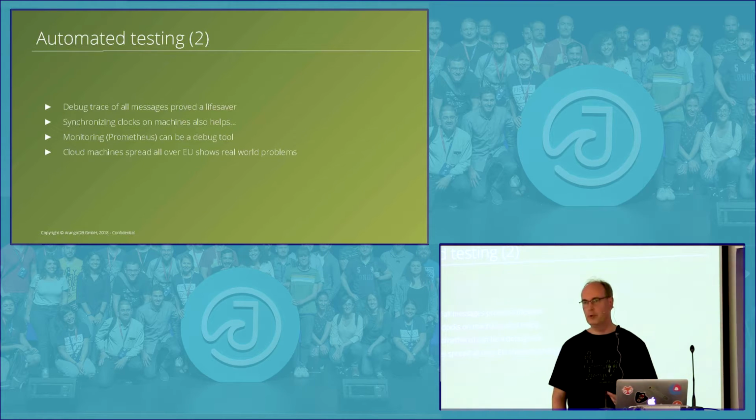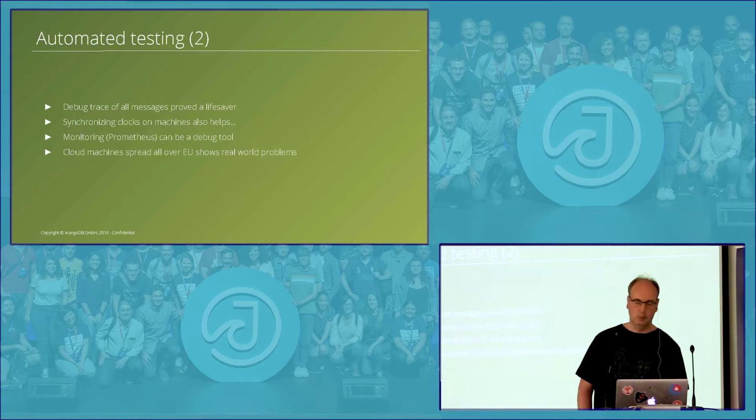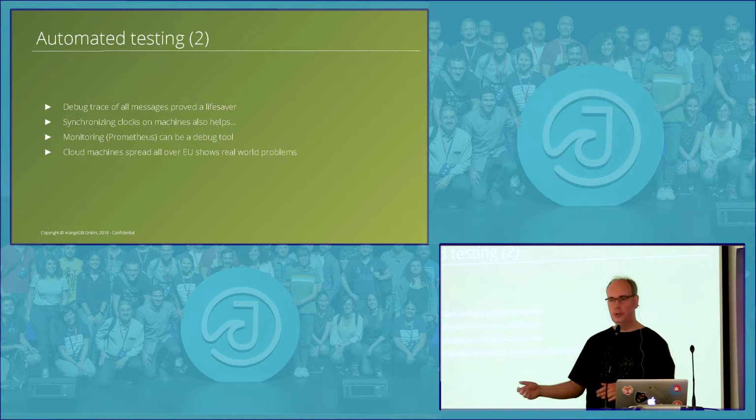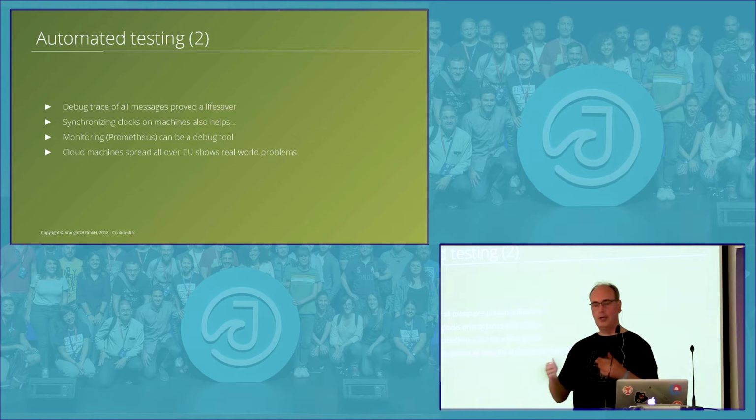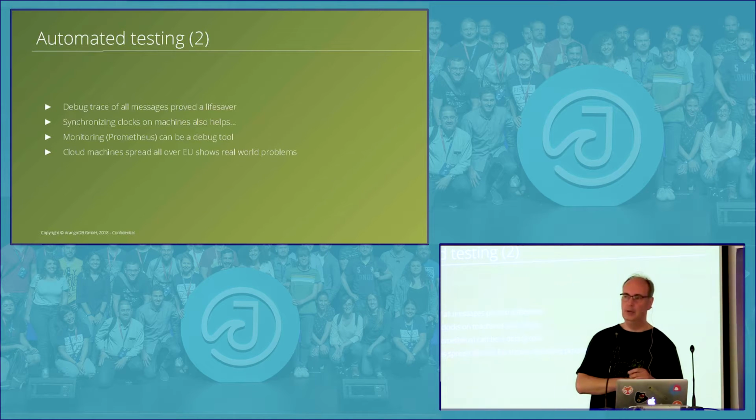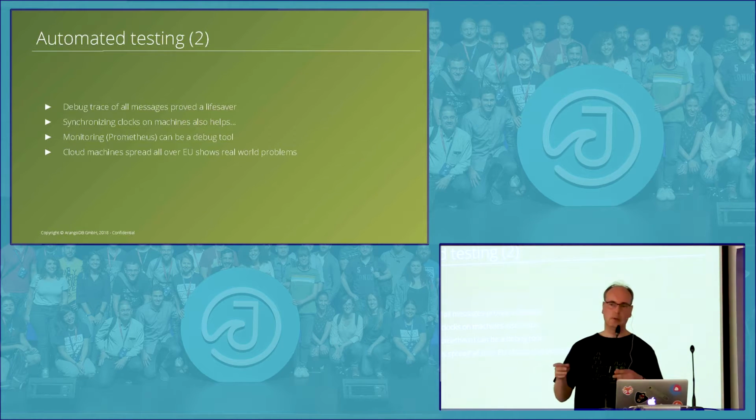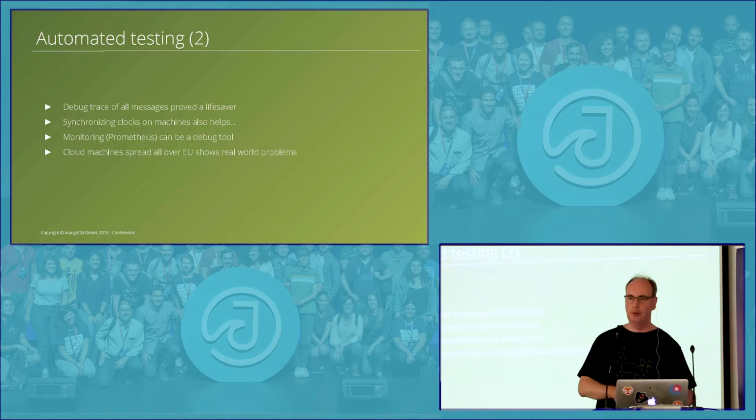It provides a lot of metrics that are Prometheus compatible, and of course you can use Prometheus for tracking the state of your operational system, but for us it also proved to be a very valuable debug tool. Something is going wrong. Let's look at the stats or the metrics for the last 10 minutes and see what's going on, and it helped us a lot.